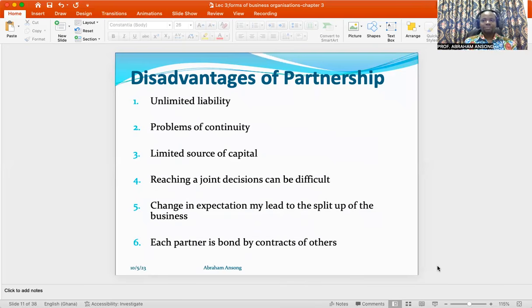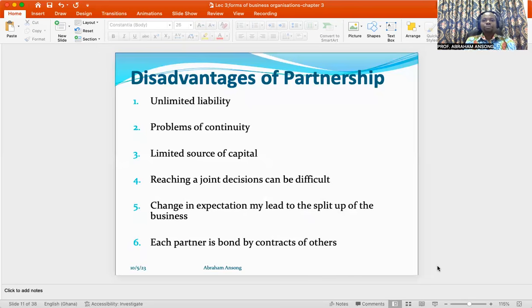If there is any crisis, your liability as a shareholder will be limited to the amount that you've invested by way of share acquisition in that particular company. But with partnership, except for limited partners, your private assets and property can be sold to defray the debts and liabilities of the partnership business.